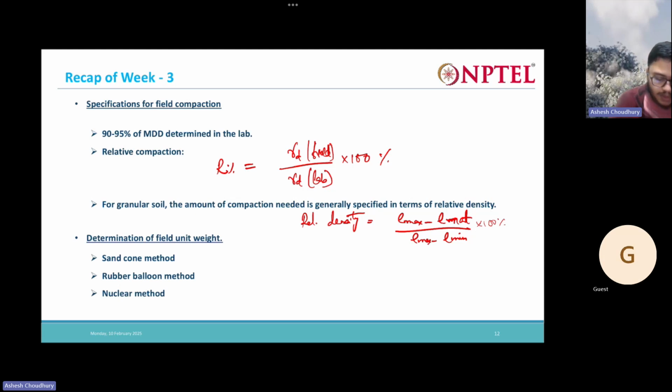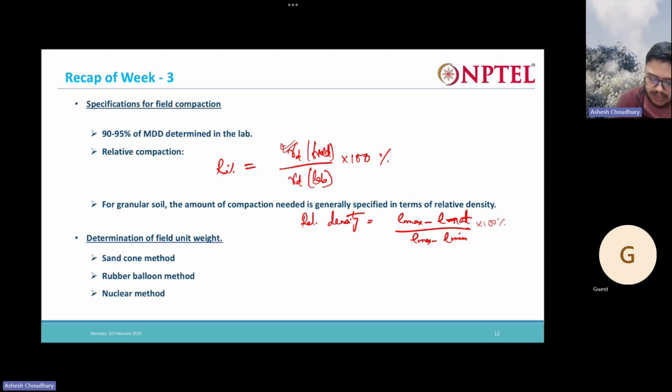Now how do you actually find the density in the field? How do you calculate the density of the soil in the field? There are various field tests that you can do easily to determine the field unit weight. So what are those tests?